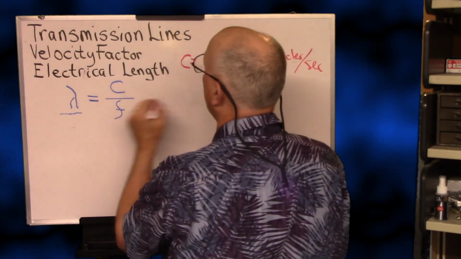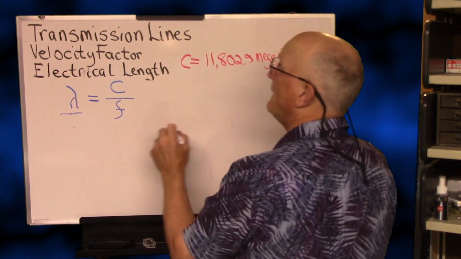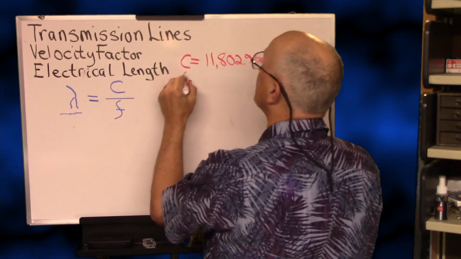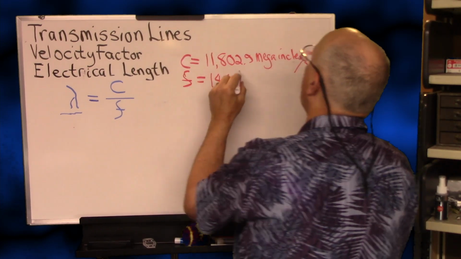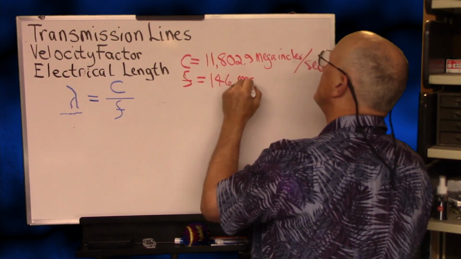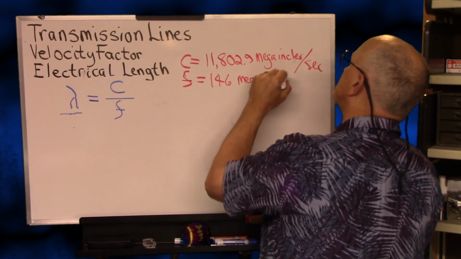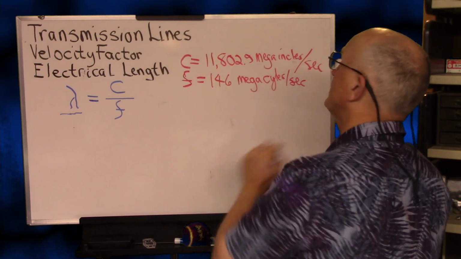And let's say that we're interested in what is the wavelength in free space of a 146 megahertz signal. So let's set F equal to 146 mega cycles per second. In other words, megahertz.